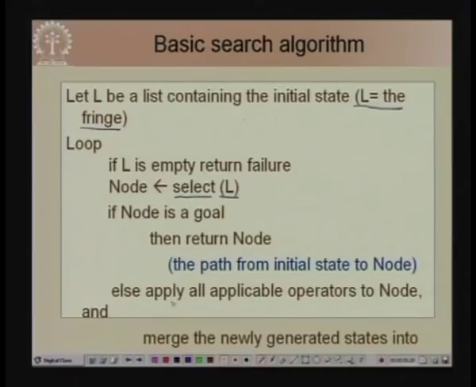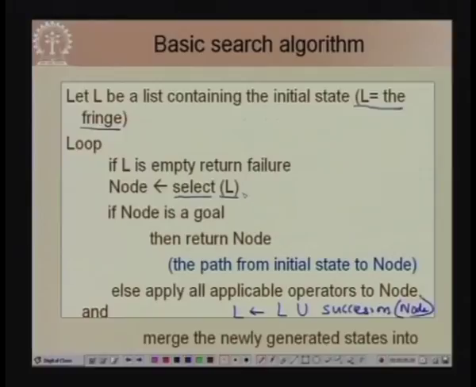Otherwise, we apply all applicable operators to node to generate all the successors of node, and these successors we merge into L. So, L is L union the successors of node.